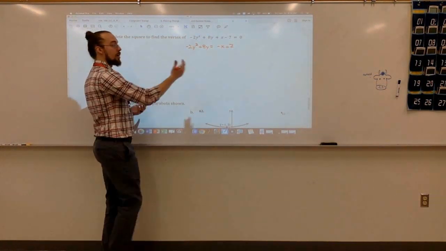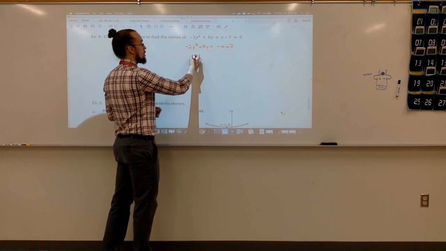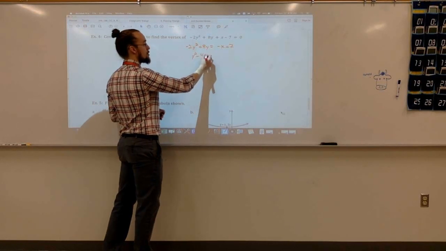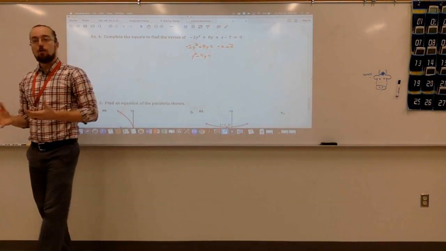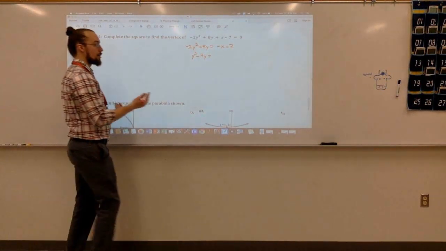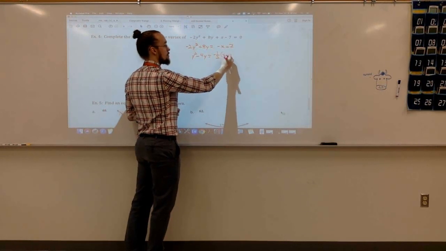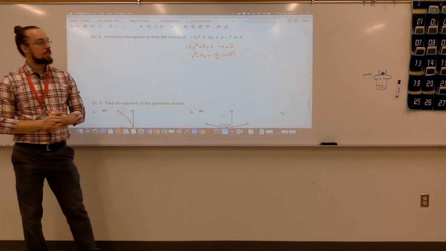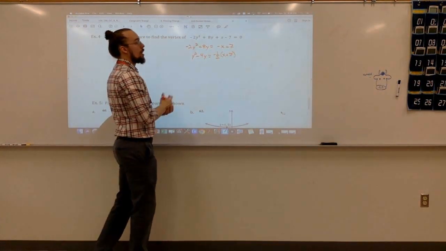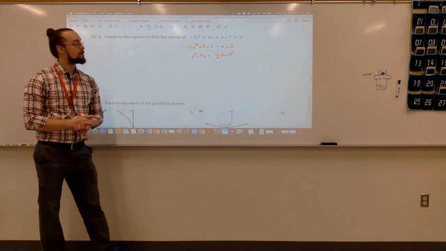So I'm going to have y squared minus 4y equals, now I could write both of these over -2, or I could instead write it as -1/2 times (x plus 7), like that. Yeah, I forgot the negative sign in there.